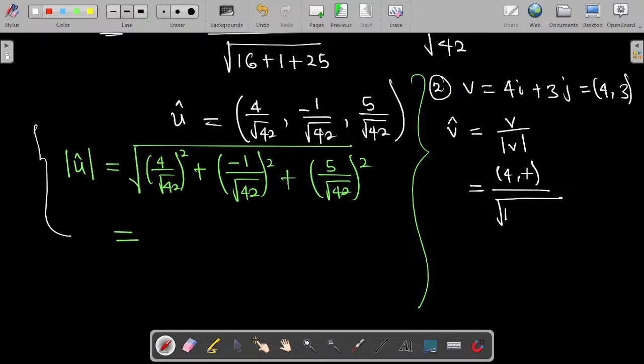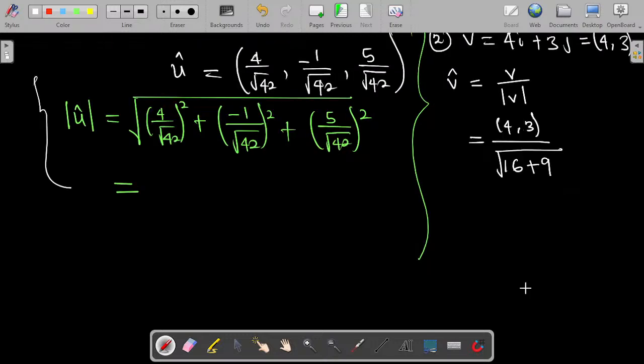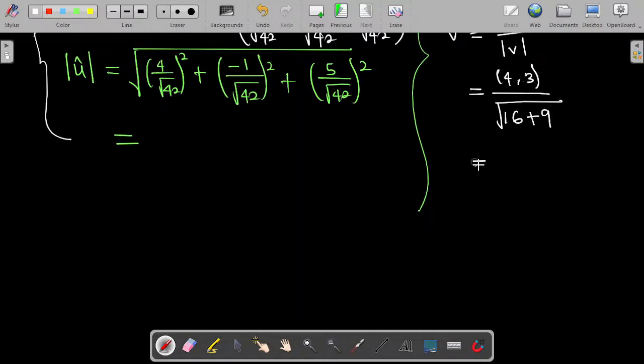Okay, so now watch it. The square of 4 will now be 16 plus the square of 3, which is 9. So you see what I wanted here. This is going to give me 4, 3 all over the square root of 16 plus 9 is 25, and the square root of 25 is equal to 5.